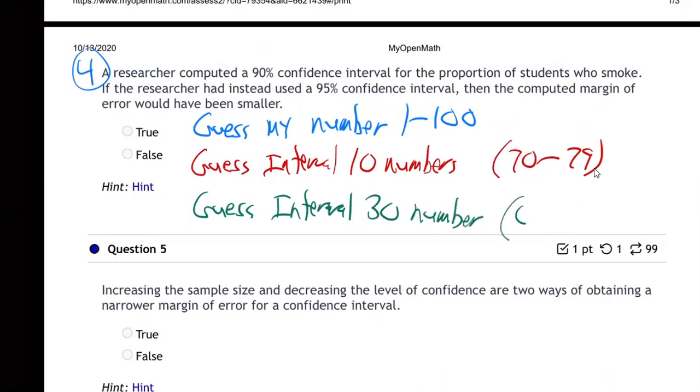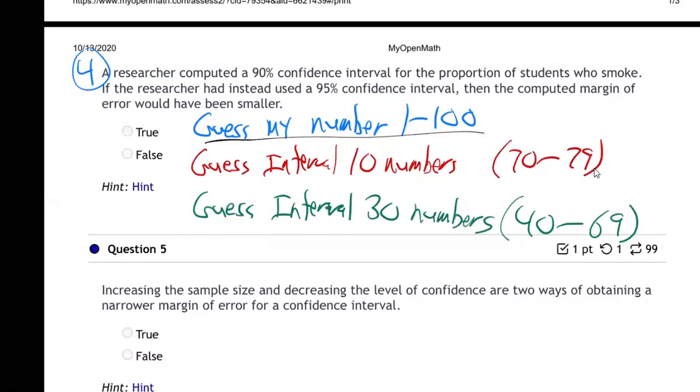Say 40 to 69, that'd be 30 numbers. So which of those two would you be more confident that you would get my number?